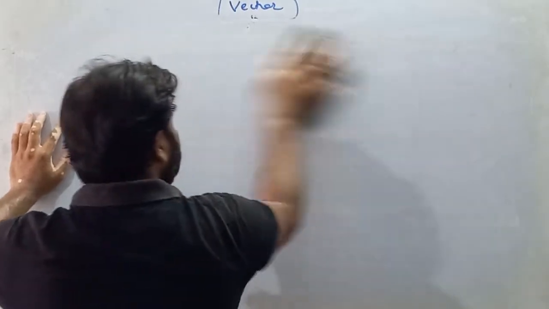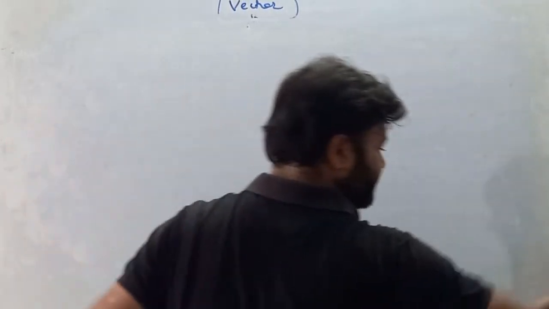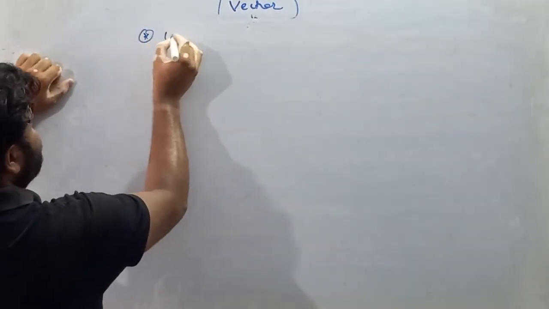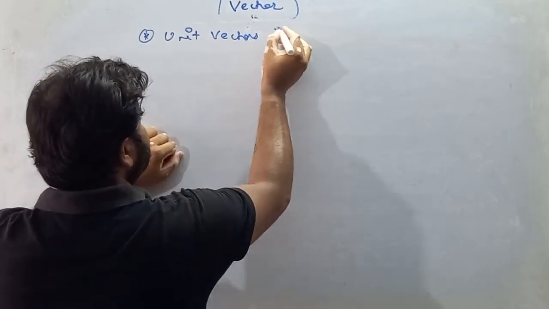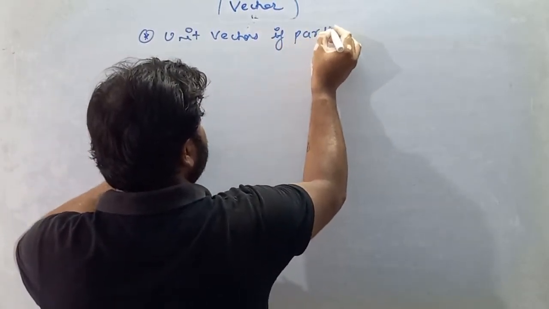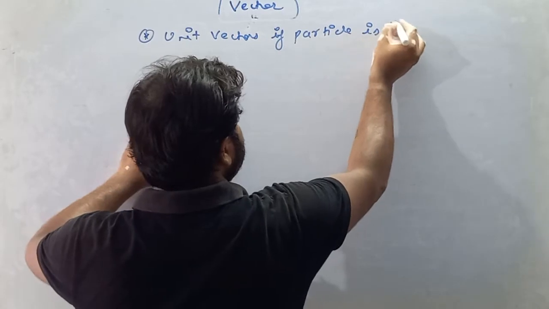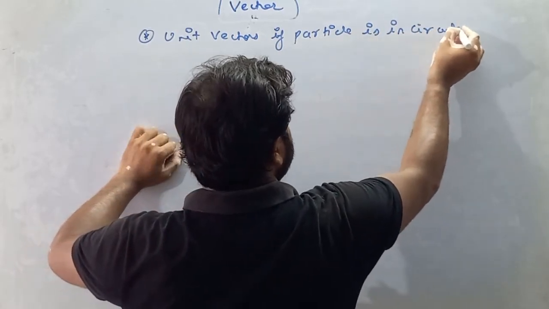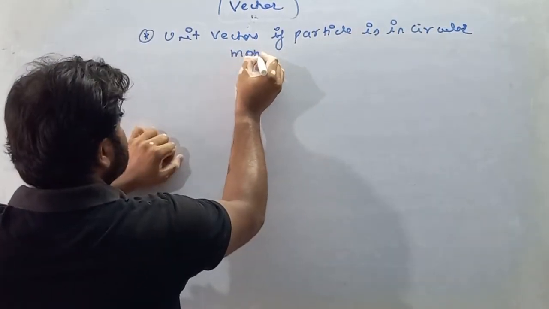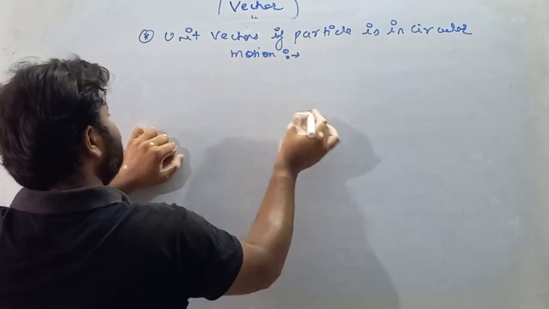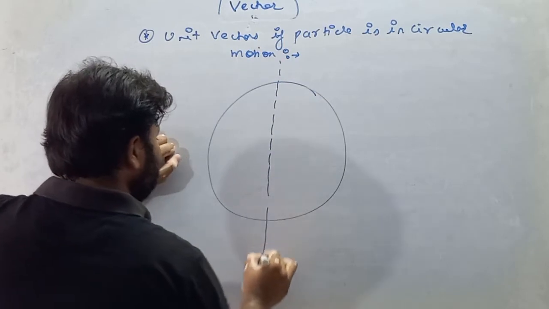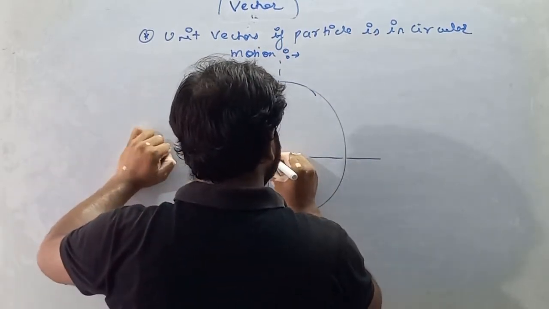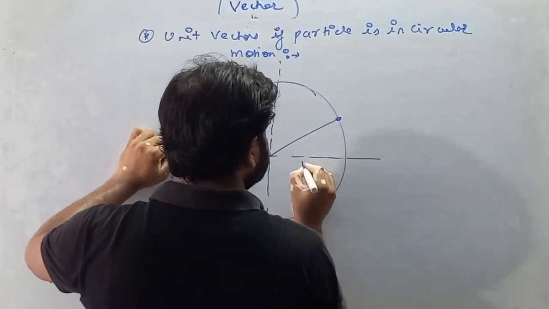See, if a particle is in circular motion, I'll write here: unit vectors if particle is in circular motion. So my dear students, let's suppose we have a particle and the particle is moving in a circular track.